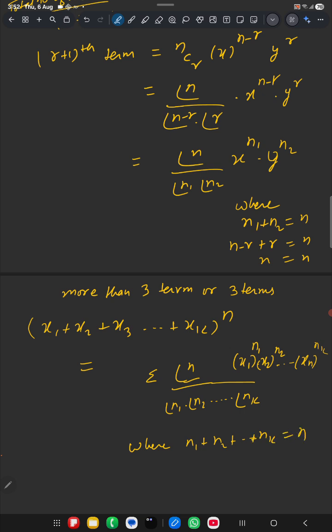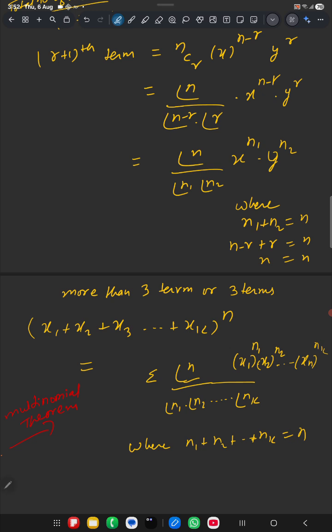This is the multinomial theorem. I'm just using it to recall the whole concept.